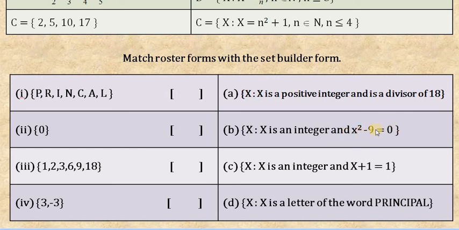You can write x is equal to root 9. Root 9 means plus or minus 3. So in two ways you can find. So fourth one matches to the second, B. So finally first one matches to D, second one matches to C, third one matches to A, and fourth one matches to B.